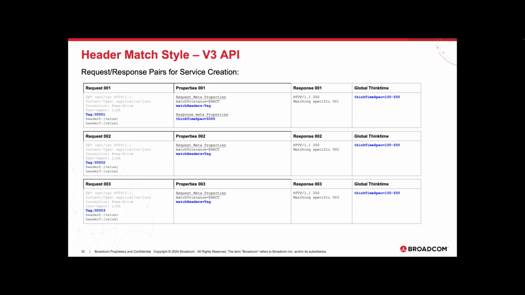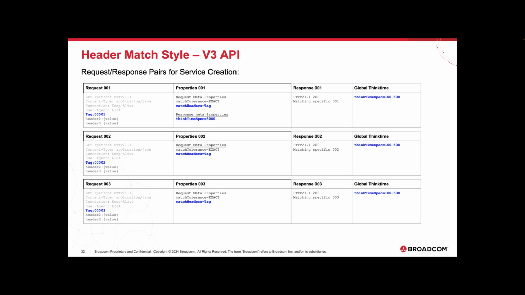So for the header match, I'm basically going to have 3 request response pairs and some property files. For all of the request responses, I'm going to have a global property file with a think time spec, that maybe I could use to figure out what is the standard response time I would expect from this service.